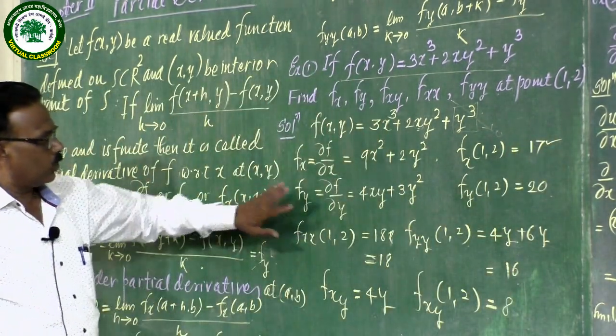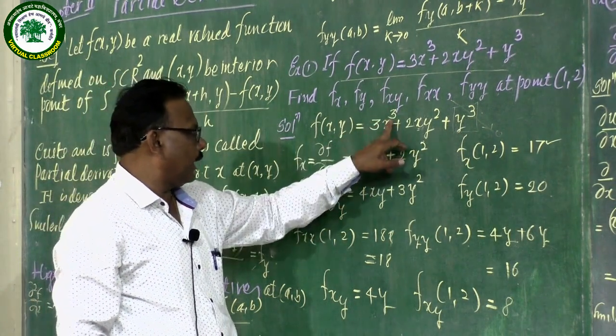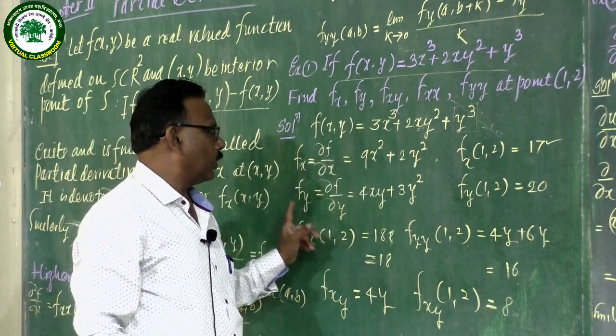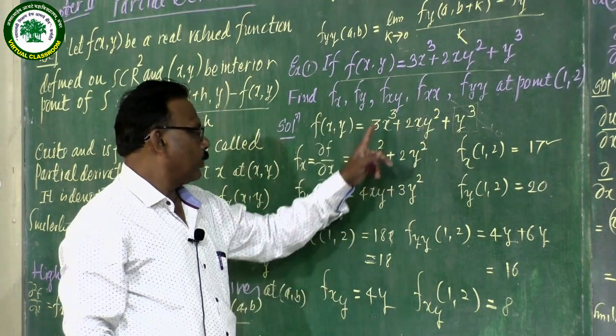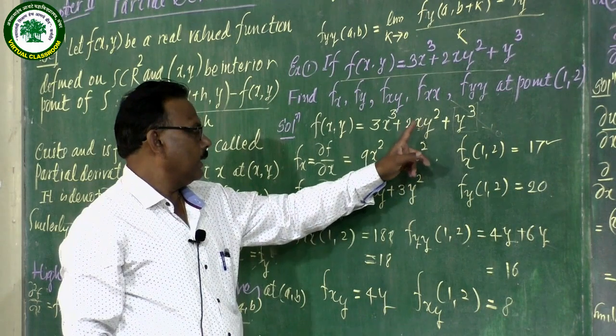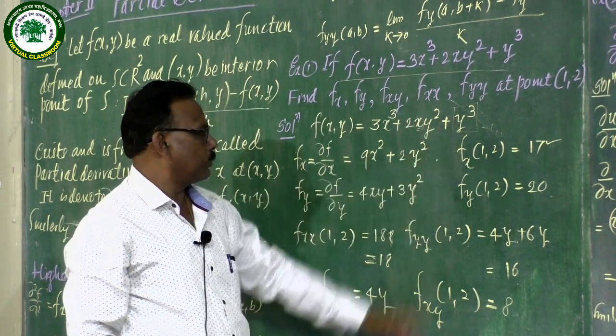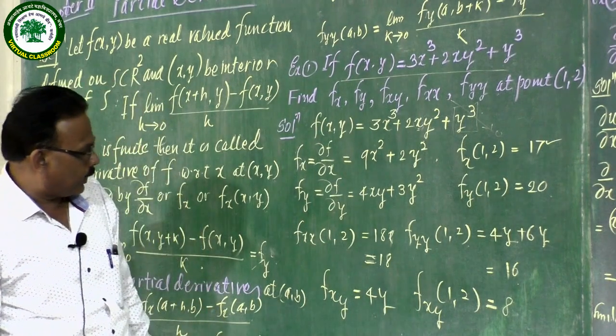Next, the partial derivative of the function with respect to y. You should ignore this variable again because you are taking the partial derivative with respect to y, therefore the derivative of this term will be 0, and here 4xy plus 3y cube is the partial derivative of this function with respect to y.